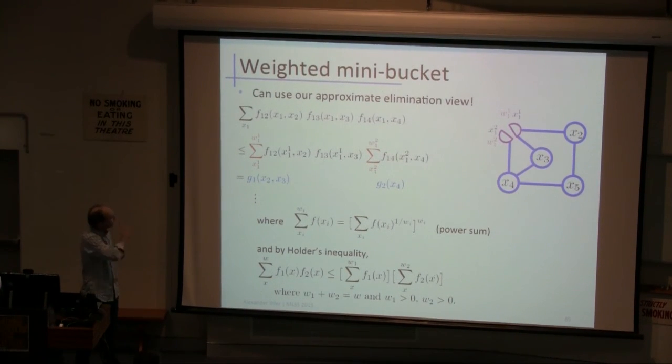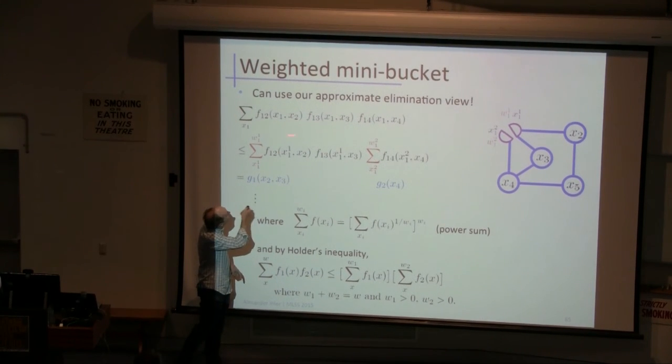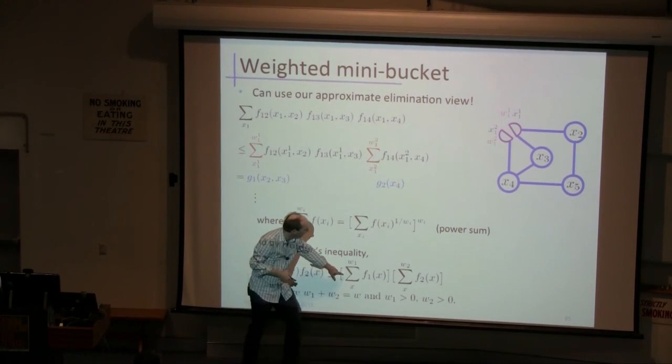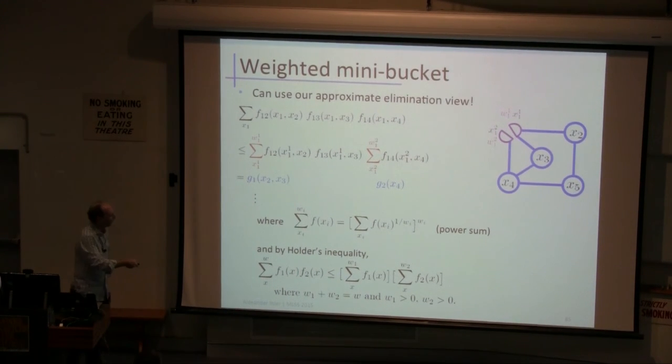So in fact, this approximate elimination with these two weights is an upper bound on this overall sum just via Holder's inequality. Or if you take the log of this, you can prove it with Jensen's inequality. So the sum of this entire thing is upper bounded by the individual sums using this weighted sum. And in fact, just like the negative weights, you can get a lower bound version if you choose one of the weights larger than 1 and the other weight negative.